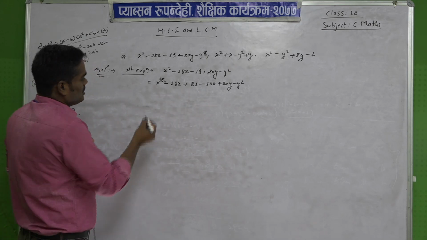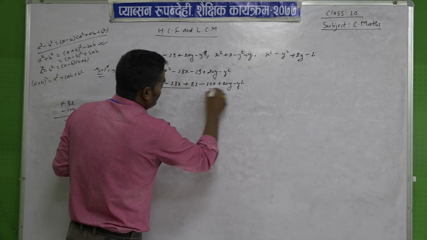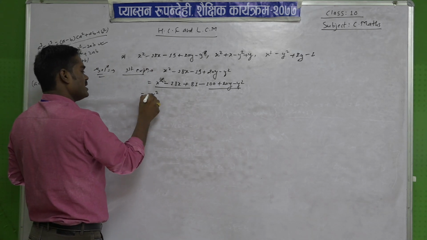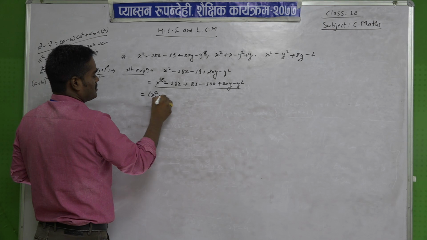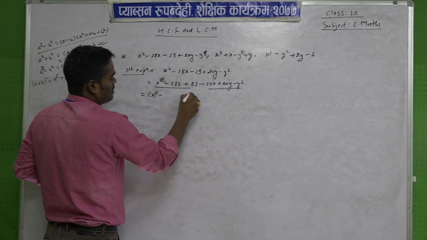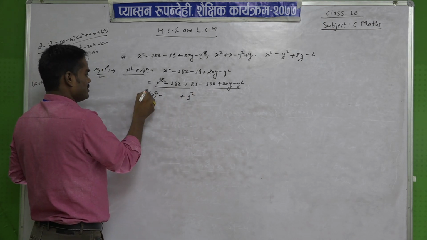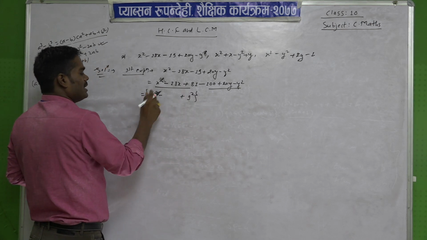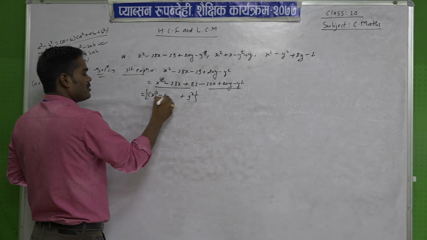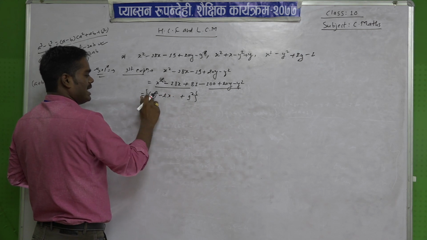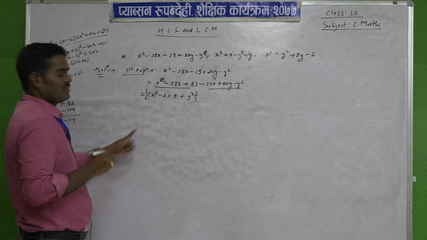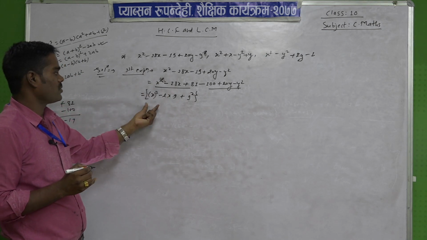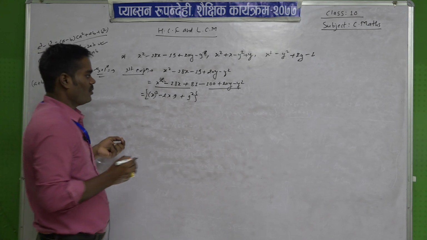We have got 6 terms. So here we can use the formula, here also we can use the formula. So see here, this is a square, leave this, and this is b square. Put a curly bracket here, and then after use the formula a square minus 2ab plus b square. Here a means x, b means 9. 2 times 9 is 18. So both terms are equal, so we can use here a minus b whole square.